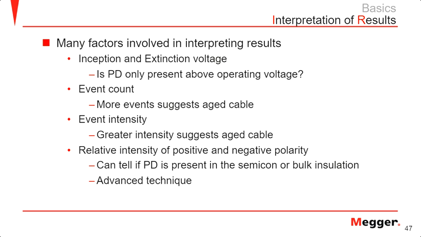Relative intensity of positive and negative polarity. So, if you're familiar with partial discharge, you must have looked at the PRPD pattern. That's phase resolved partial discharge pattern. That pattern can tell you if you have a lot of events on your positive or negative polarity, then if the partial discharge is present in the semiconductor or bulk insulation, or if it's more towards just a couple of different accessories.